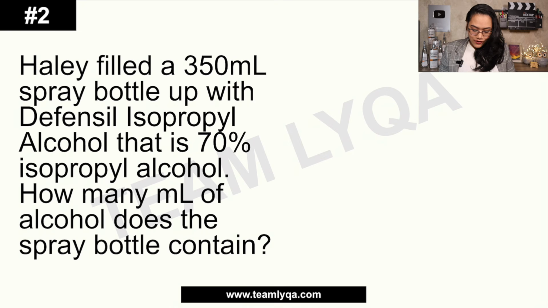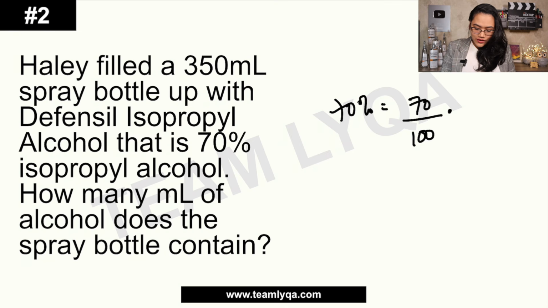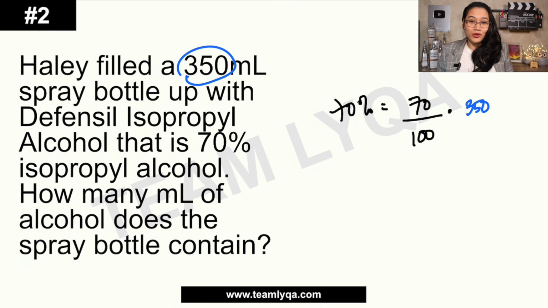Same way as kanina, you have options. You can multiply it. Pwede natin gawin na yung 70% is equal to 70 over 100 times the base. Ang base natin ngayon, yung total niya ngayon is 350 ml. So, times 350. Pwede mong isolve na ganyan, or, again, another option would be to do ratio rotation, which is what we demonstrated din kanina.